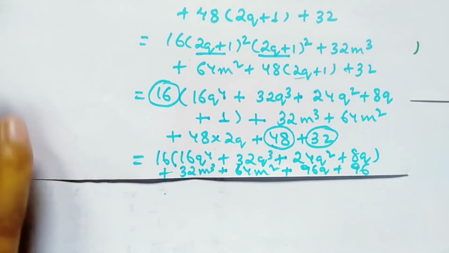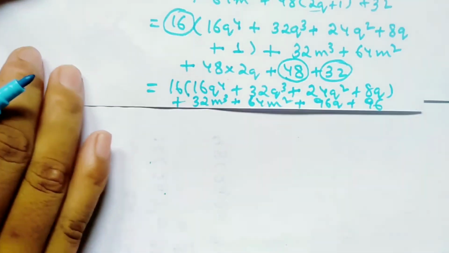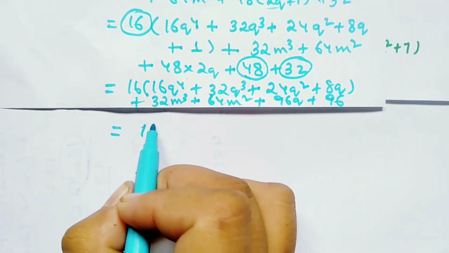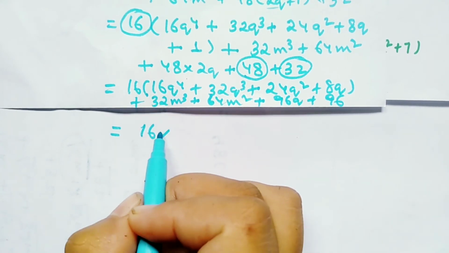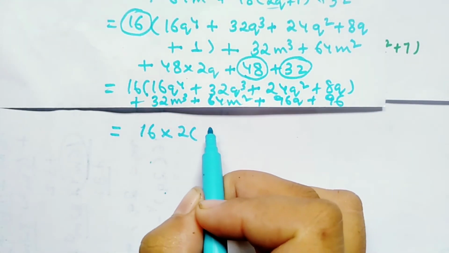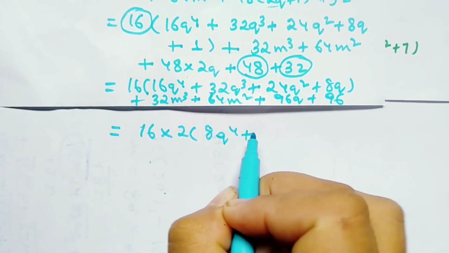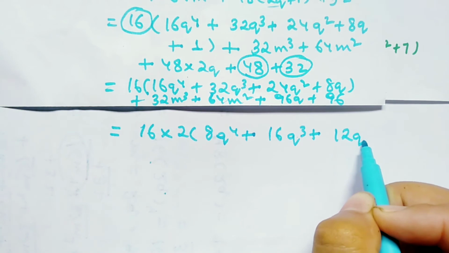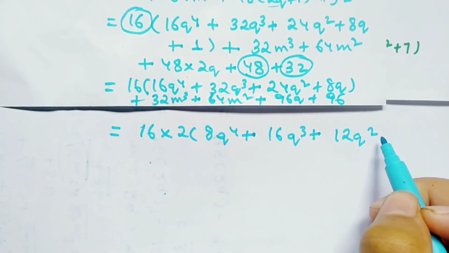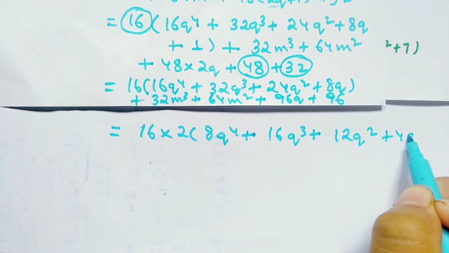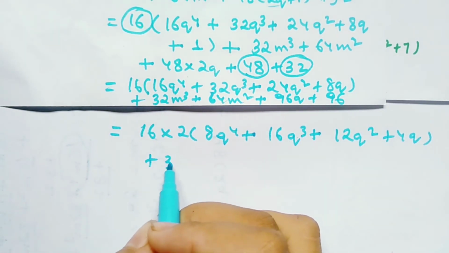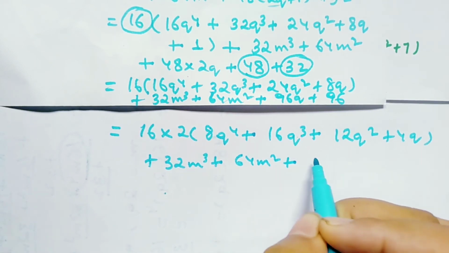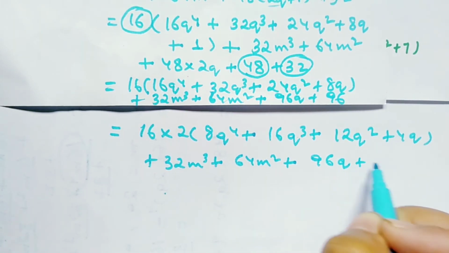And then see what you can write here. This is equal to 16 times, taking common 2, inside you are left with 8q⁴ + 16q³ + 12q² + 4q, plus 32m³ + 64m² + 96q + 96.